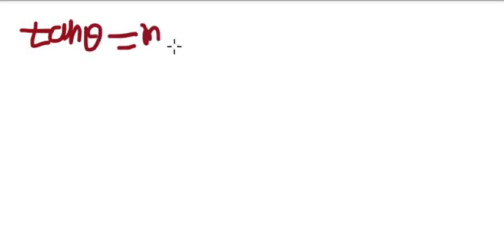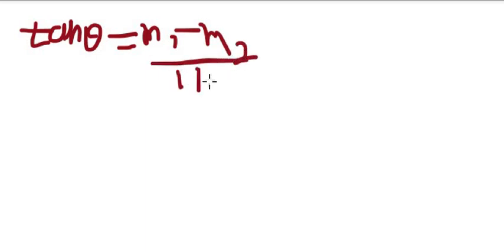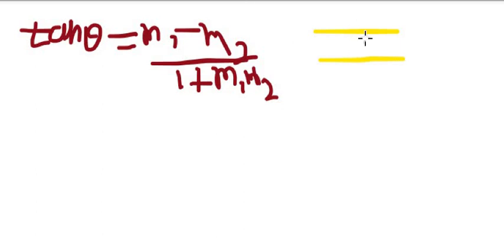So we have tan theta is equal to (m1 minus m2) upon (1 plus m1 into m2). If the lines are parallel, then the angle between the two lines is 0.